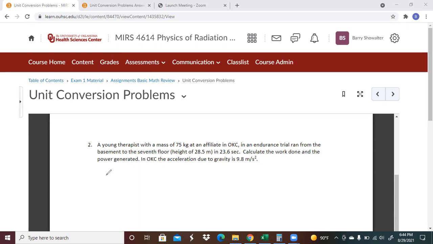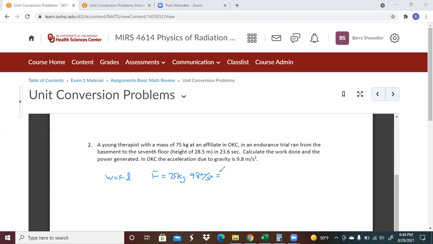All right, so let's take a look here. So what is the work done? We know that the work is going to be equal to force times the distance. What force needs to be applied here? Well, we've got to take 75 kilograms and we have to move that against an acceleration of 9.8 meters per second squared.